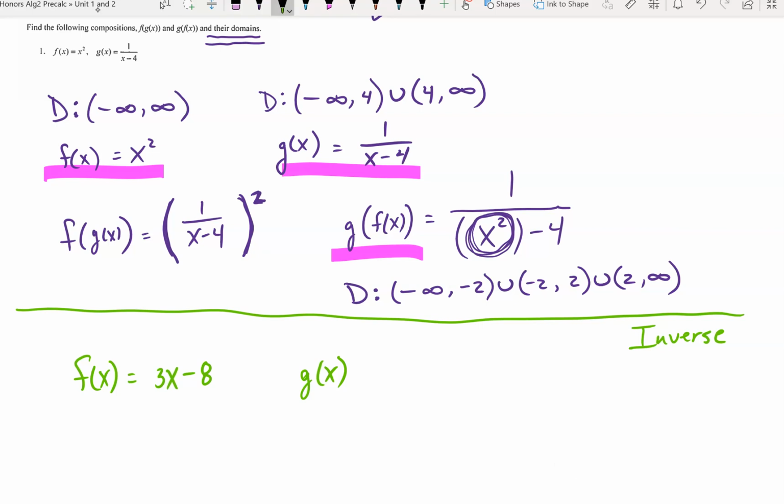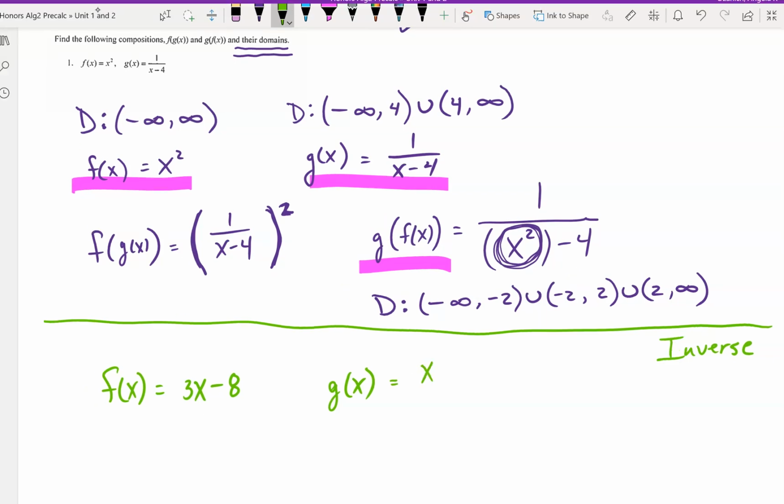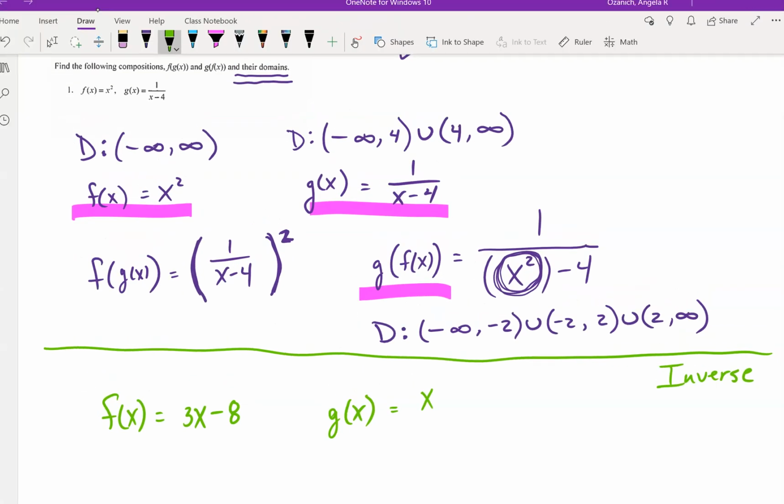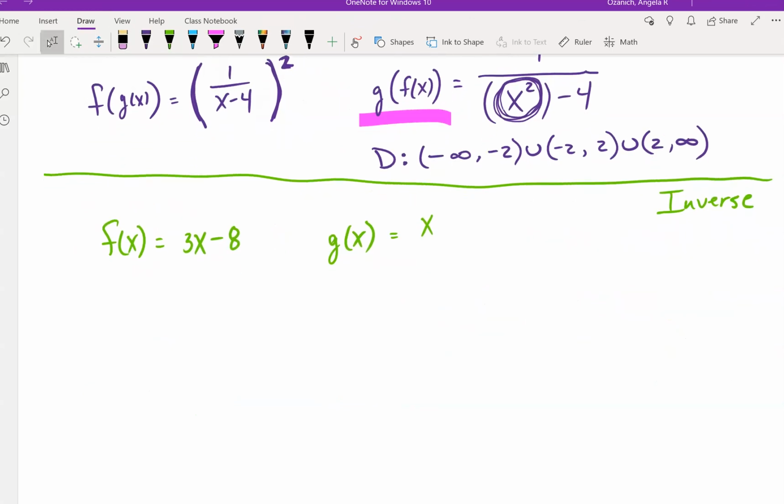Let's say it is x plus 8 divided by 2. Okay, and we're wondering whether or not this might be an inverse function.